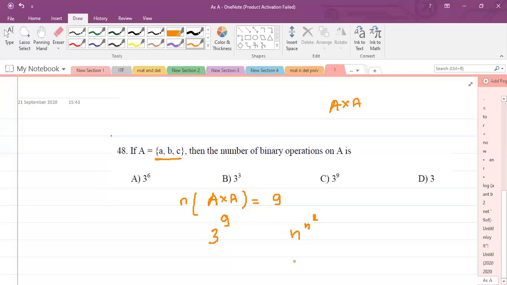Or it may be confusing, so let us consider m raised to n square here. But here m should be equal to n itself, so no problem, you can consider it as n raised to n square.